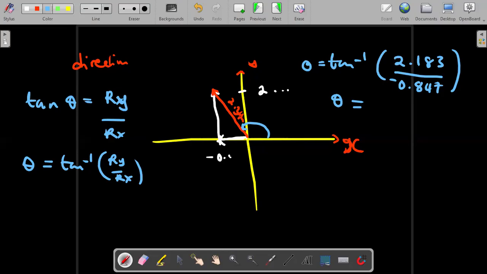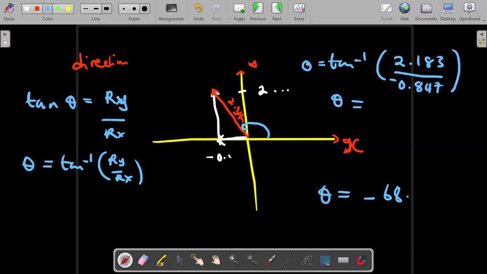Then I can get the tan inverse of that. Okay, and I'll get that. So this here, when I plugged in, gives me theta equal to, the angle is negative 684 point. Okay, let me just do that again.